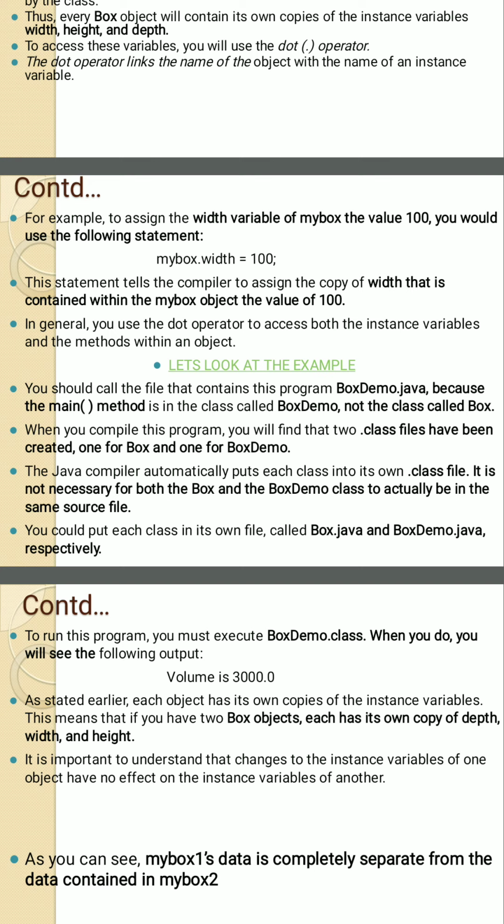After that, we have to compile the program: javac followed by the name of the Java file, that is BoxDemo.java. After that, in order to execute the program and see the output, we use java followed by the name of the class which has the main method, because execution in Java starts from the main method, which is inside BoxDemo.